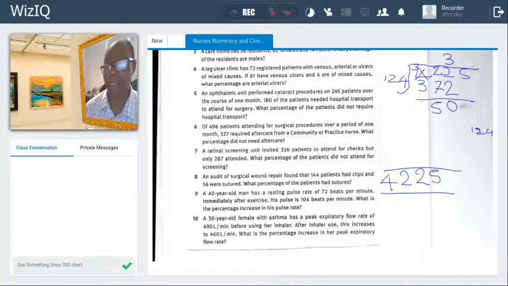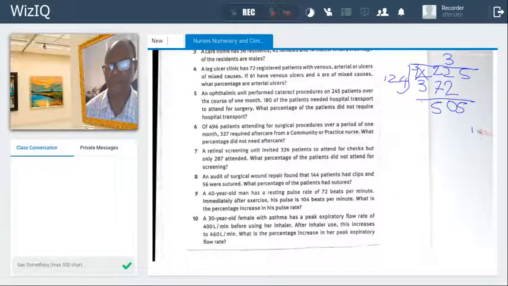Okay, I'm going to drop 5. Then I'm going to see 124 into 505. I can see here 372 was 3.